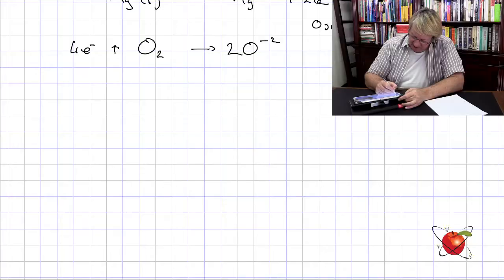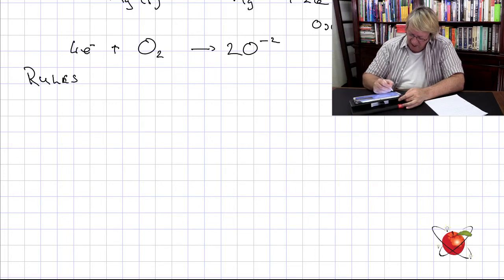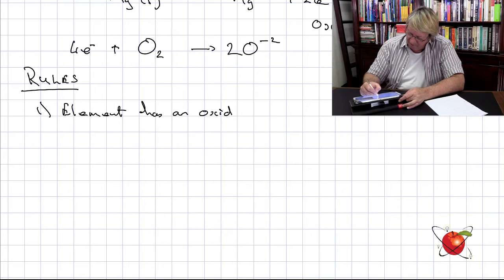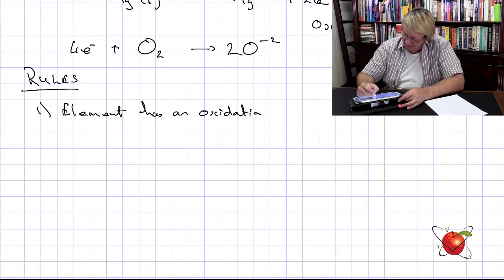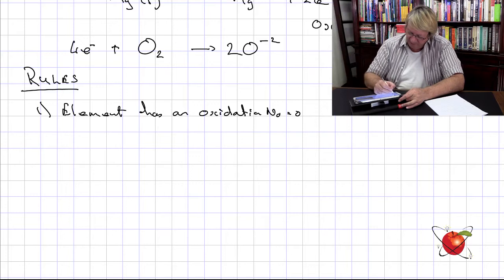Firstly, there are a few rules we have to apply for oxidation numbers. Rule 1: an element has an oxidation number equal to 0.